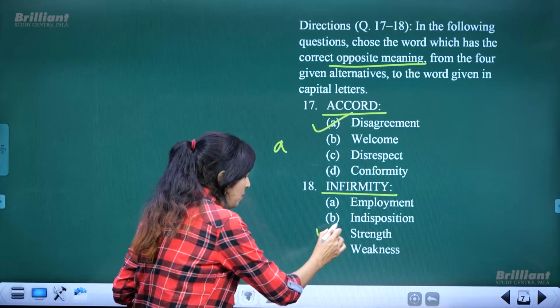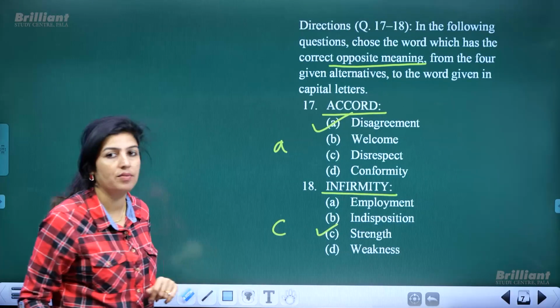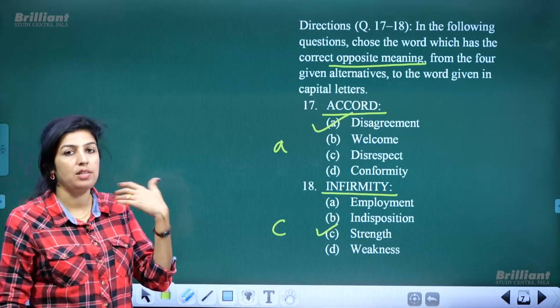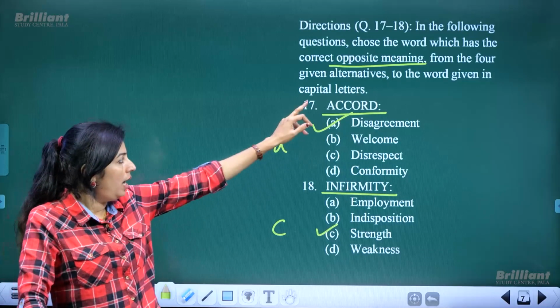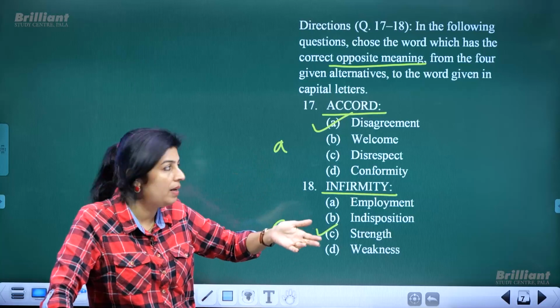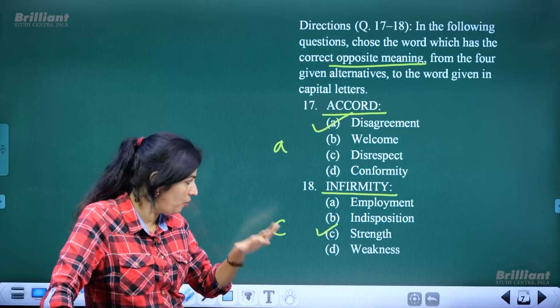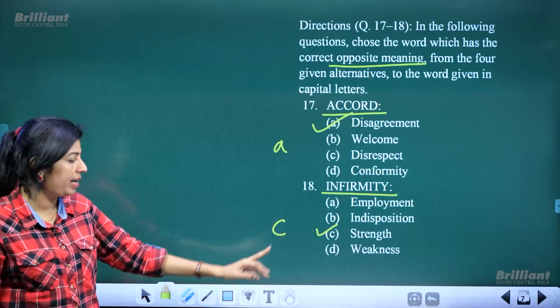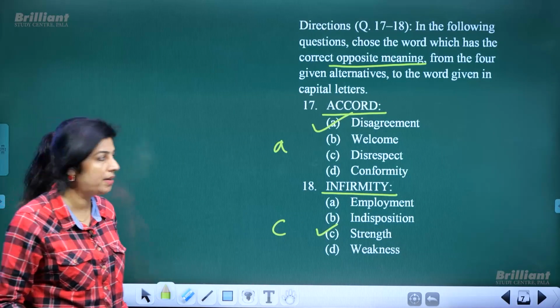So option C, strength, is our correct answer. We are not asked to get the synonym for these two words, but the antonyms, the opposites. So accord means agreeing with something, and its opposite is disagreement. In the same way, infirmity means weakness, so its opposite will be strength, that is option number C.